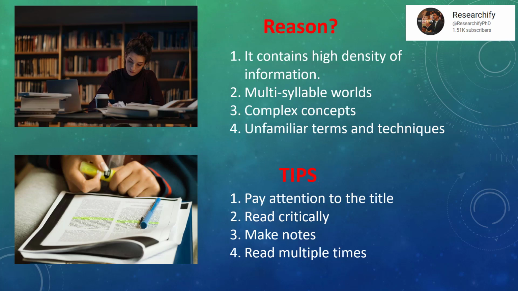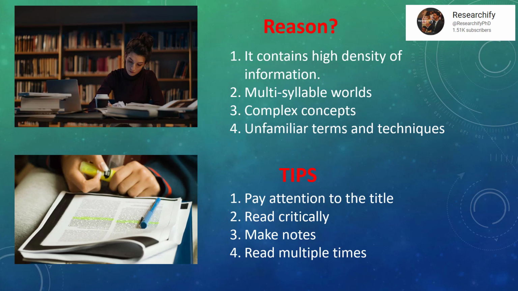Second, read critically. When you are reading the paper, don't assume that the author is always correct. Always keep asking questions like, did they do the correct statistical analysis? What type of data set did they use? And third, make notes.